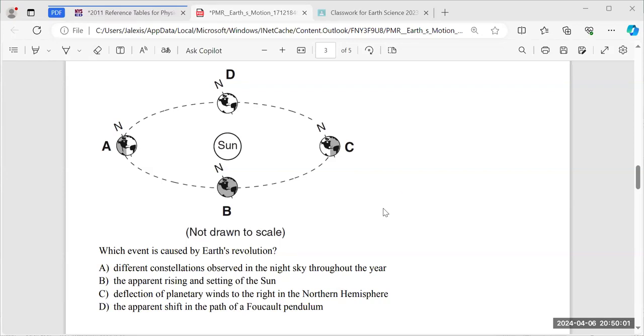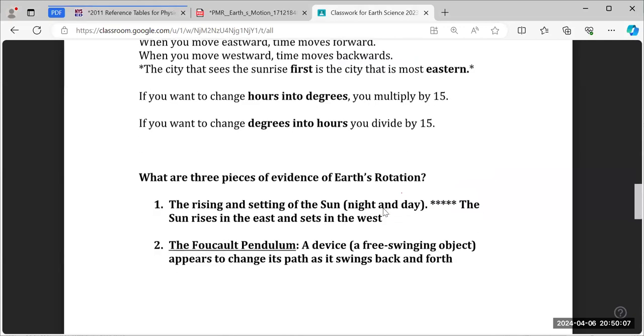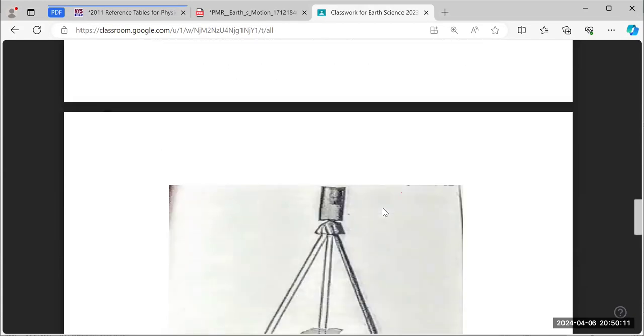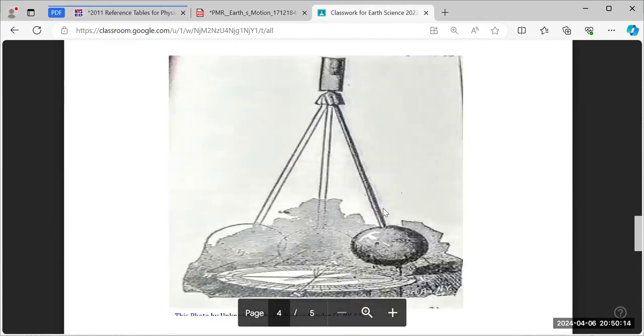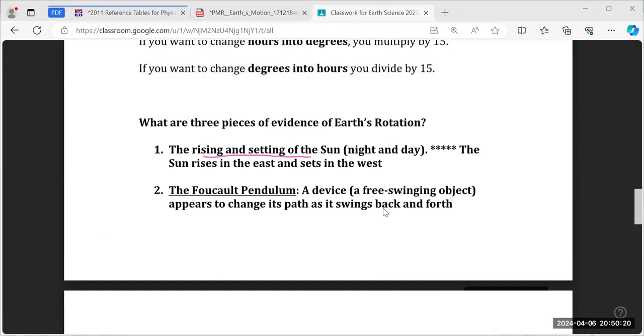Well, this is something more of a memorization where you look at your note sheet. There are 3 pieces of evidence for the Earth's rotation. One is the rising and setting of the Sun, and of other objects.